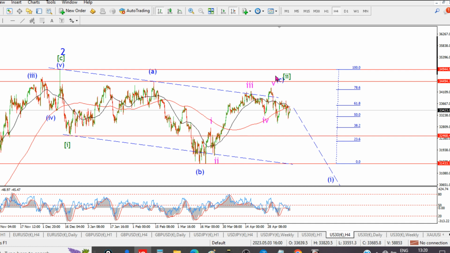The idea that a wave 2 top is in has, let's say, grown on me. We've still got an impulsive move lower off that intermediate high here at wave 2.